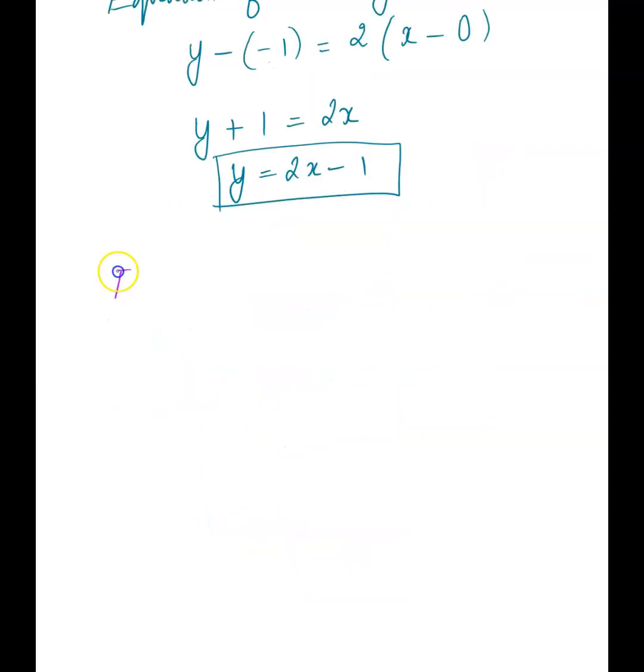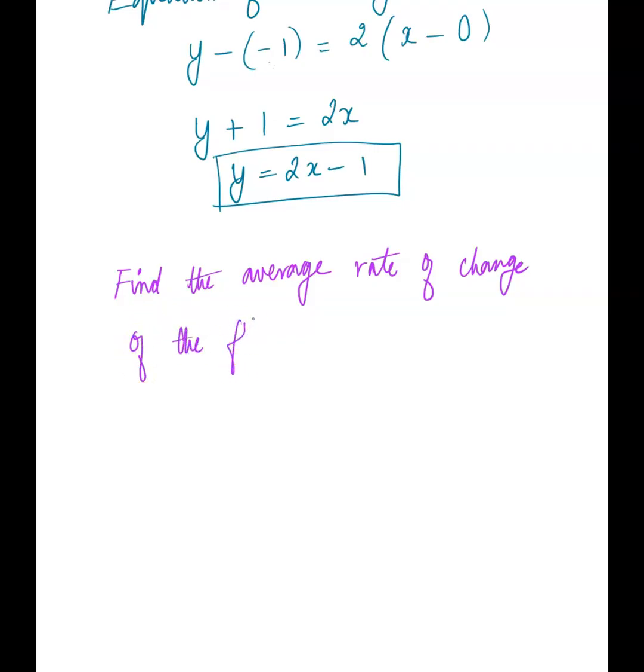Now, if they say find the average rate of change of the function f of x, from x equals -2 to x equals 5.